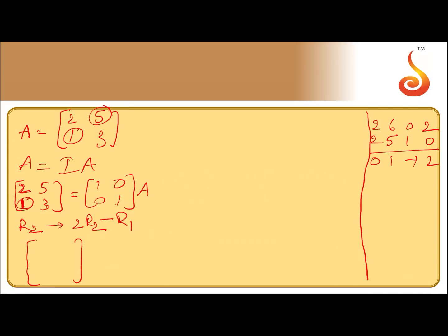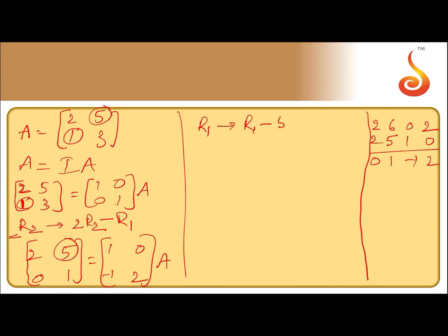So the result is given by, R2 you are changing. R2 elements are 0, 1, minus 1, 2. Keep the first row elements as it is. Now I have to make this element 0: multiply the R2 row by 5 and then subtract from here. R1 minus 5 times R2. You are changing R1 only.